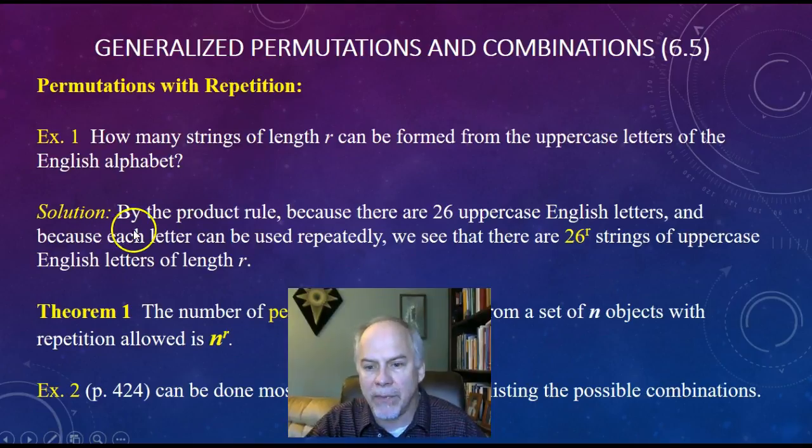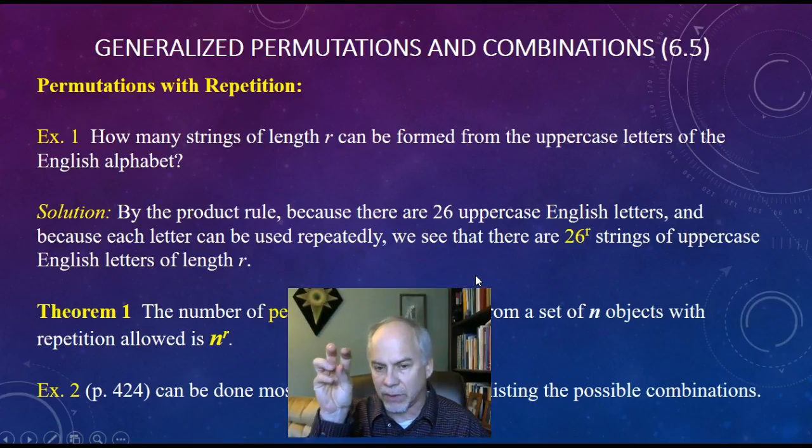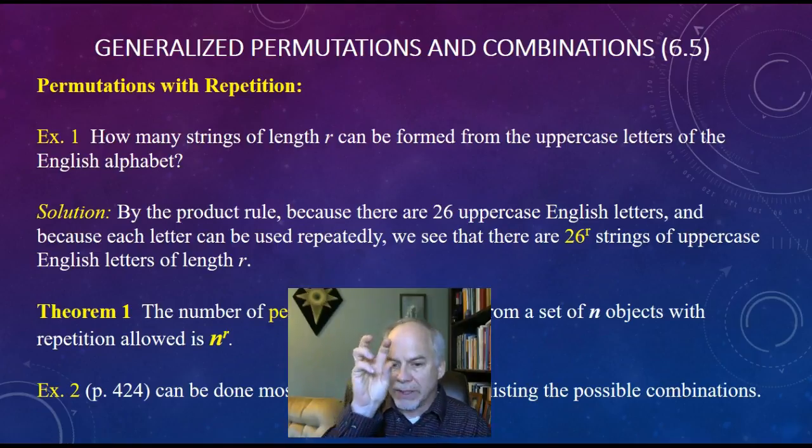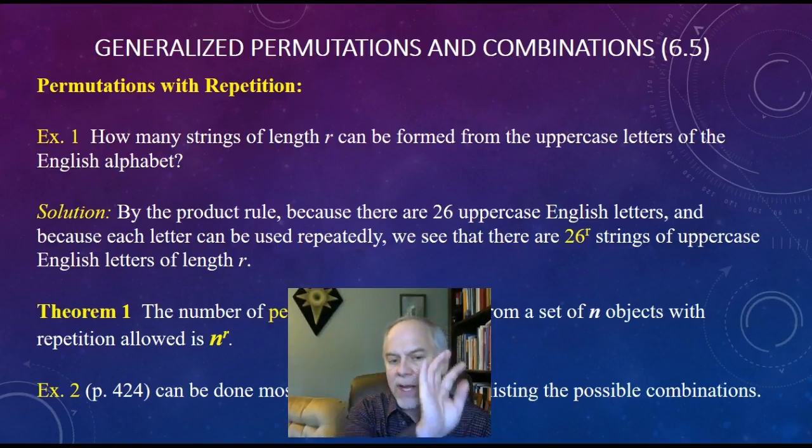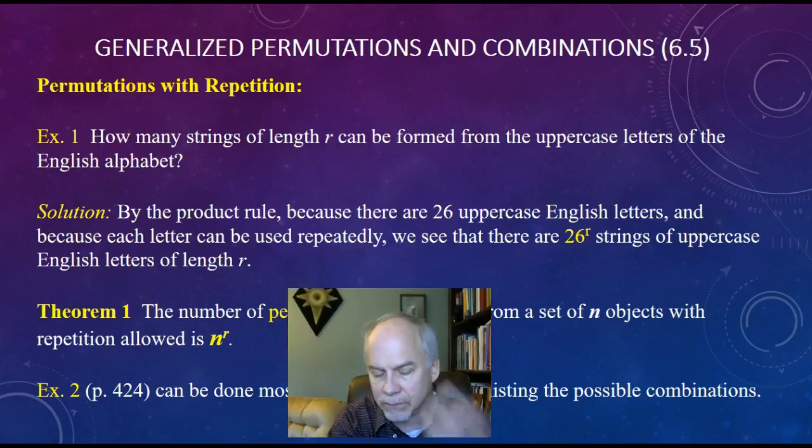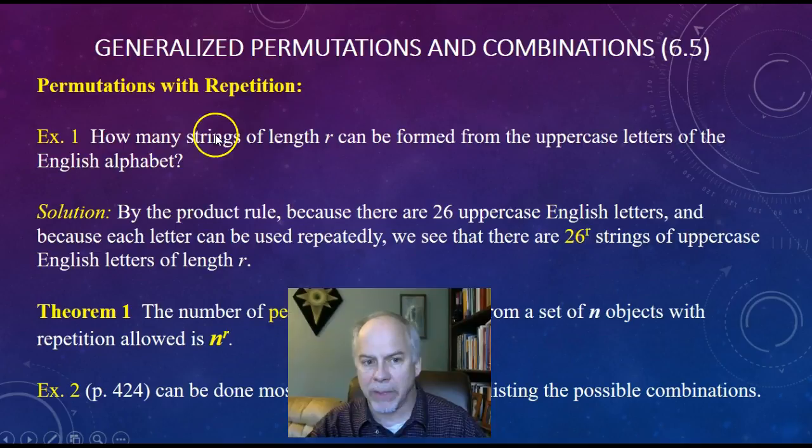So by the product rule, there's 26 choices for the first letter, 26 choices for the second letter, 26 choices for the third letter, etc. And you're forming a string of length R. Now, we don't know what R is, but R is the number of positions that we have to fill.